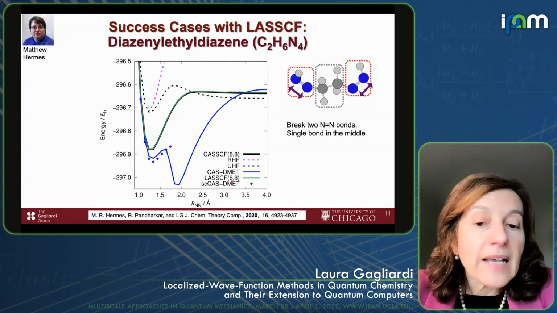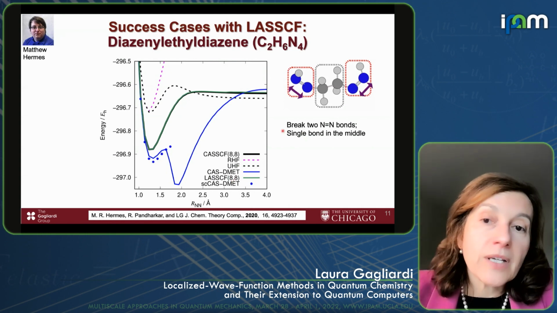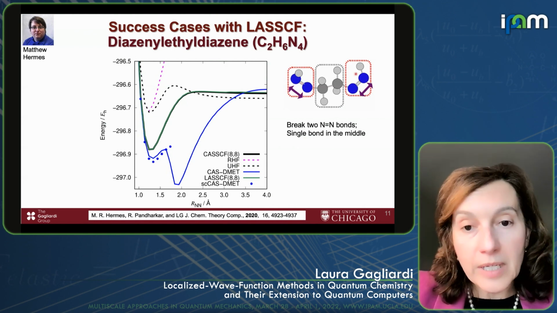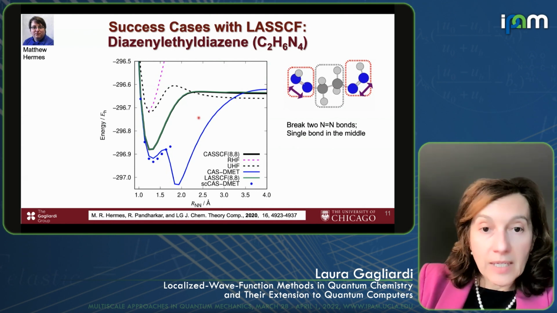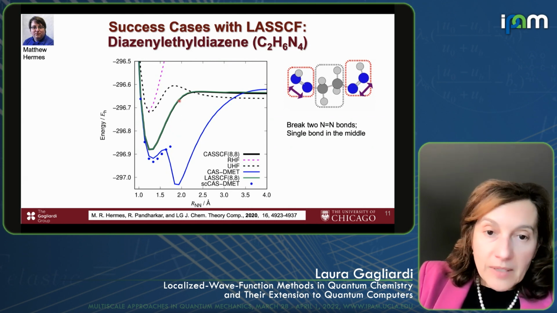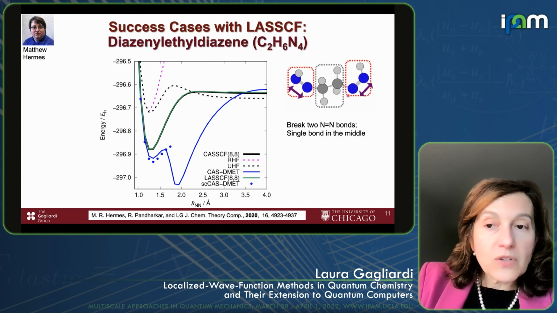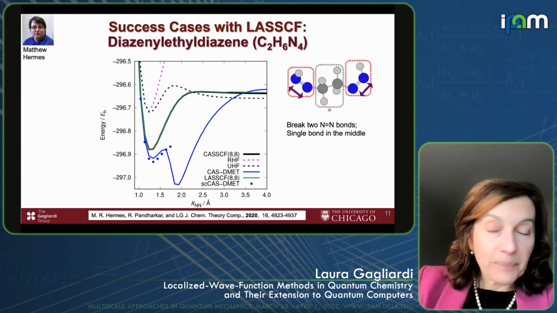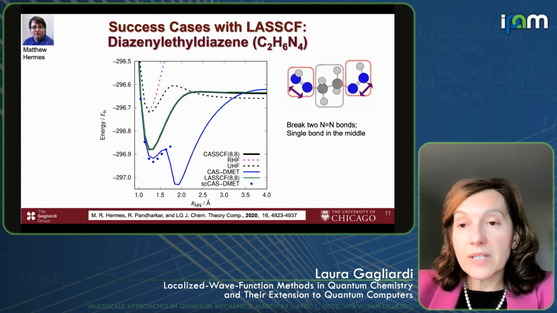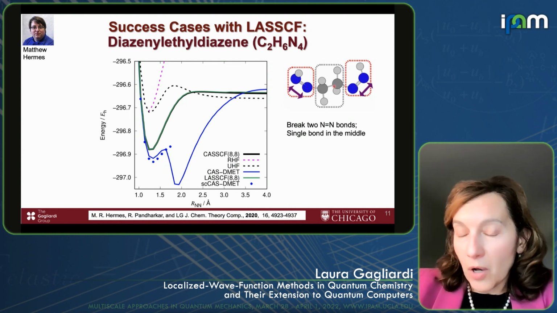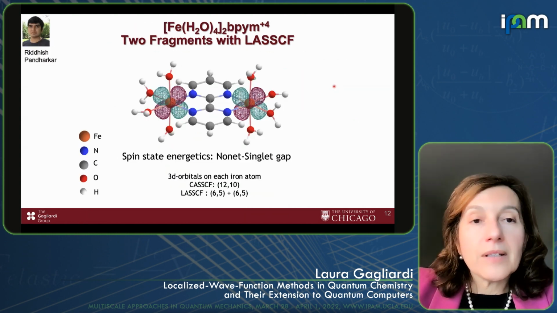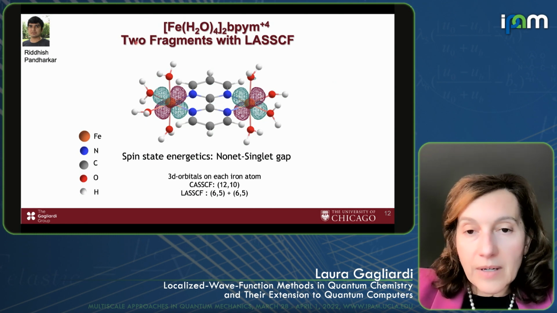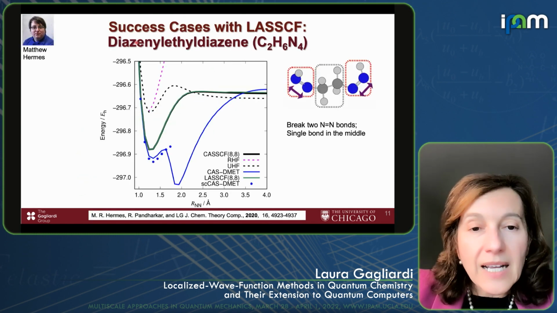And here, LASSCF 8 in 8 actually corresponds to two subspaces of 4 in 4 each. So this is quite promising. The reason why there is this good agreement is because these two strongly correlated fragments are well separated by a weakly correlated fragment where there is a carbon-carbon double bond. These are triple zeta calculations.